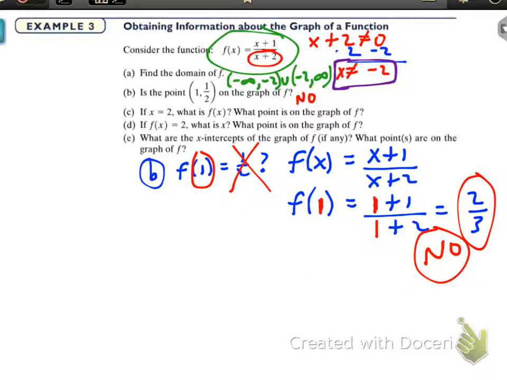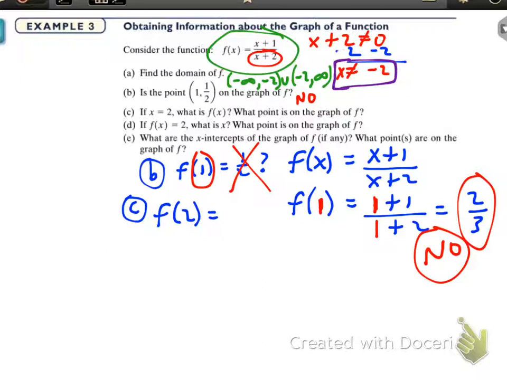So then part C: if x equals 2, what is f of x? This section, guys, is really just asking you the same question in a bunch of different ways. So what this question is really asking is, what is f of 2?